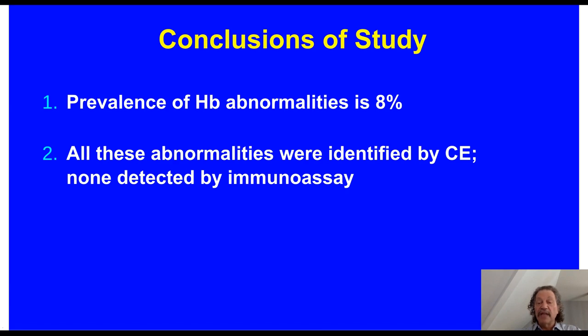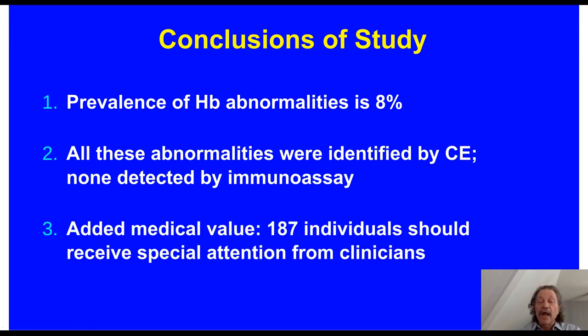All these abnormalities were identified by capillary electrophoresis, and obviously none was detected by immunoassay. And the added medical value is that these 187 individuals identified should receive special attention from clinicians, and clearly the hemoglobin A1c concentration may not reflect the average glucose.